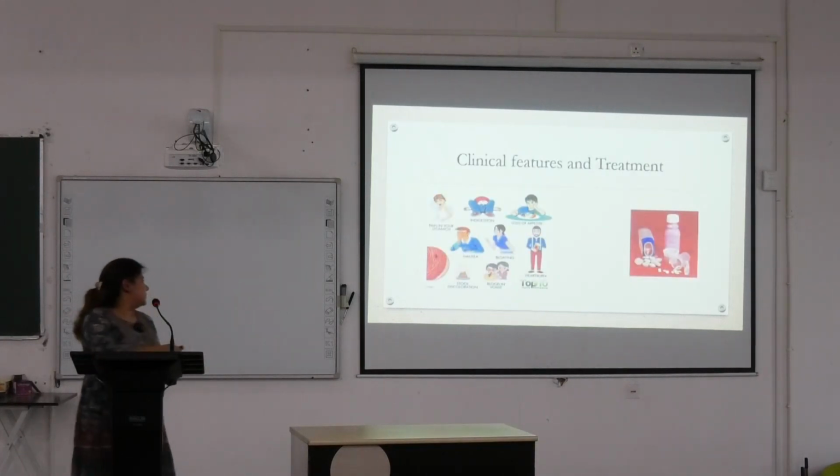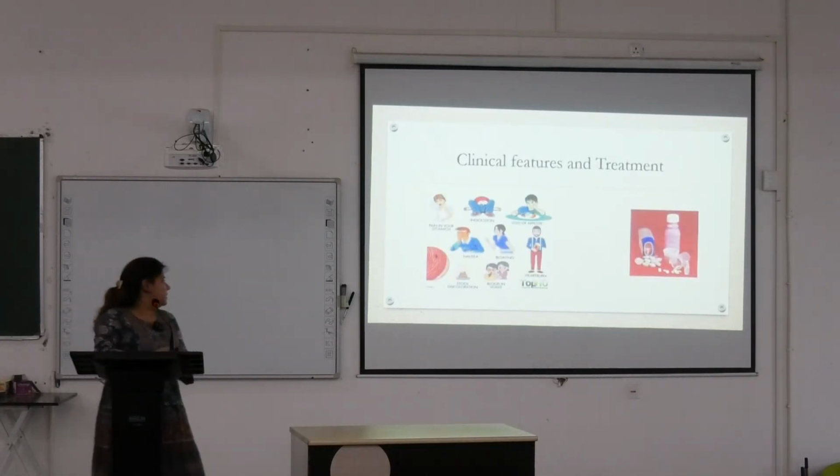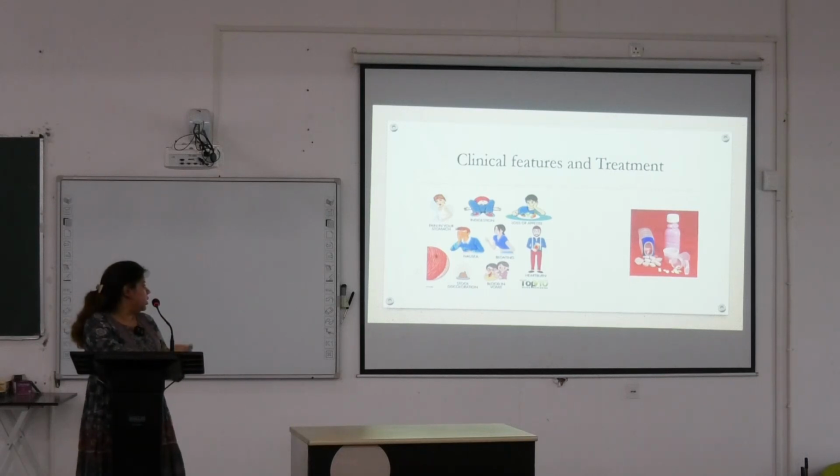Now clinical features. Same, pain in stomach, indigestion, loss of appetite. Sometimes small vessels might be ruptured, and there will be chronic small amount of bleeding, and this causes discoloration of the stool. Black stool will be passed by the patient.